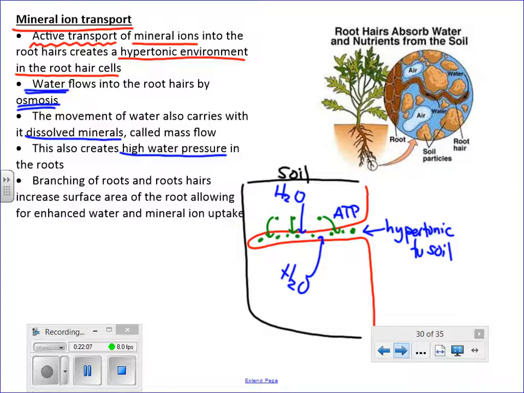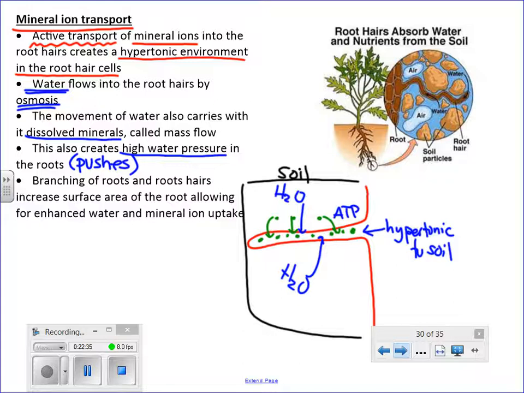Lots of water has gone into the roots. That puts a lot of pressure. Now, the cell doesn't want to just keep accepting water, keep accepting water, keep accepting water. That would not be good in the long run. The cell could eventually burst. So water is going to get pushed through the xylem up the stem. So the water pressure pushes.